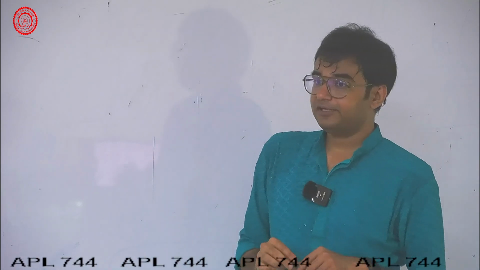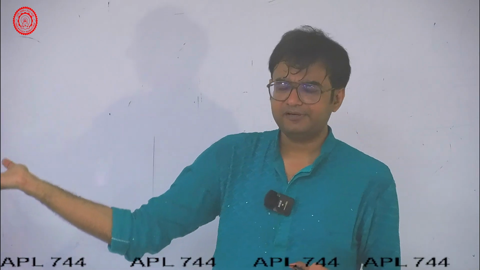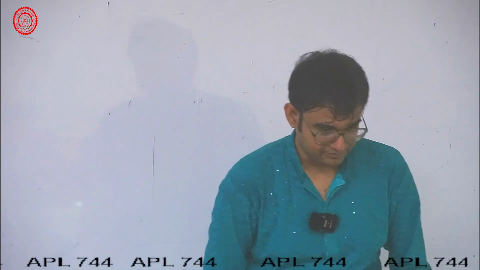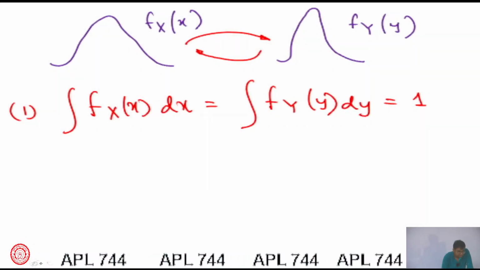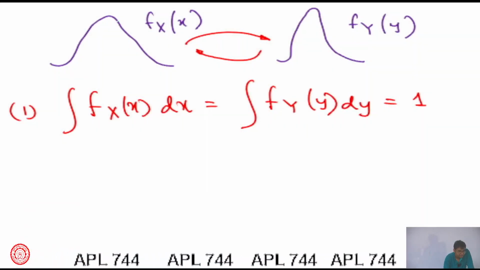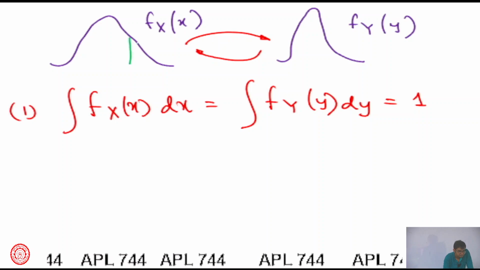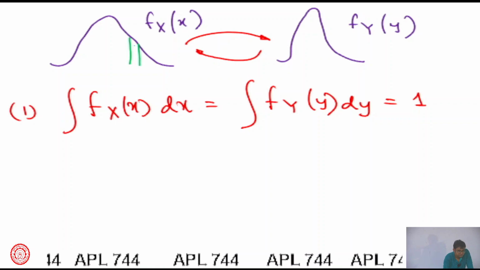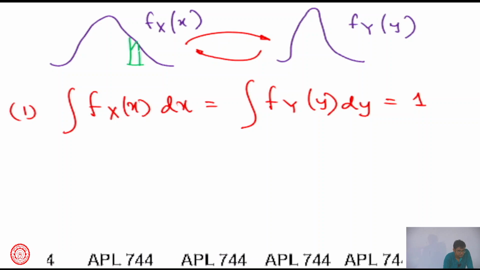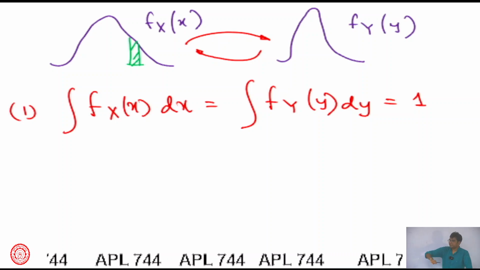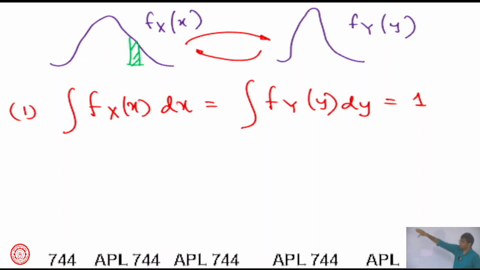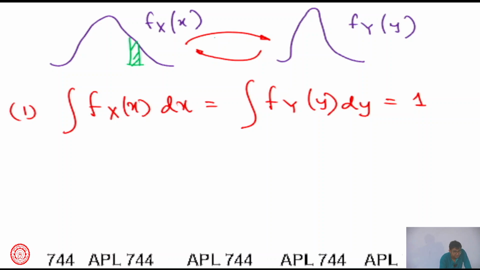The second property is that a PDF or probability distribution is mass conserving. What does it mean? It means that suppose I take this mass, a small strip here, okay, and let us say this strip, if I transform it to this, I will get, let us say, something like this.